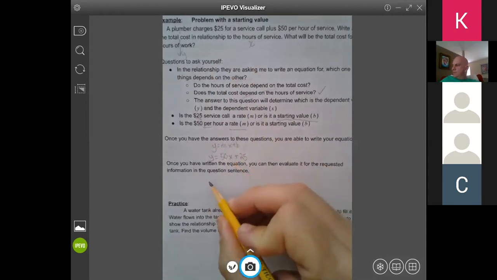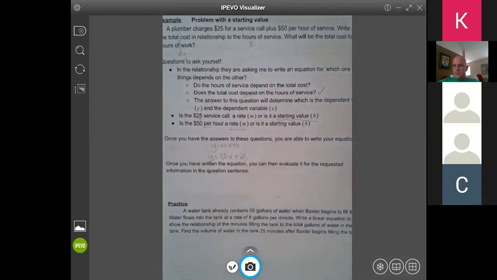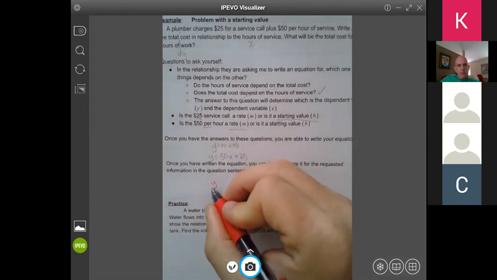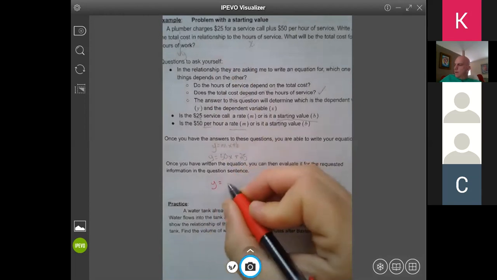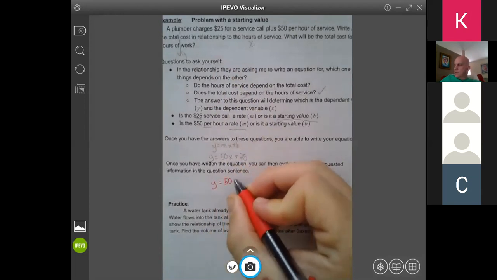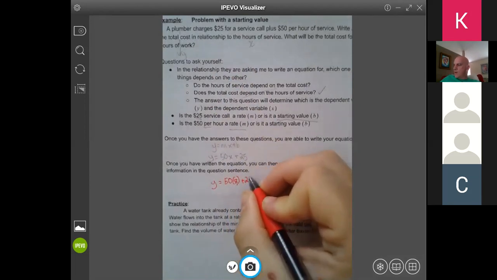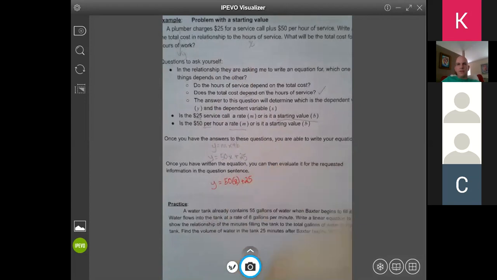In the question, I'm just going to do this in red pen so you can see it a little better. I realize I'm not showing up great on this. So $50 times 8 hours plus the 25 will tell me the total cost at 8 hours.